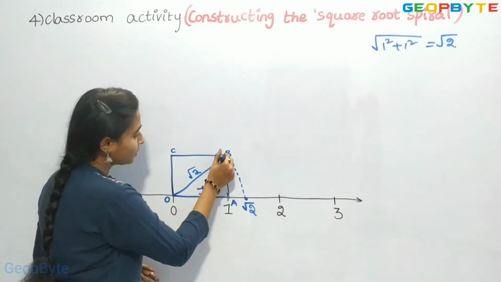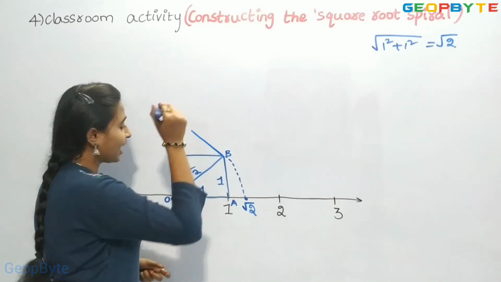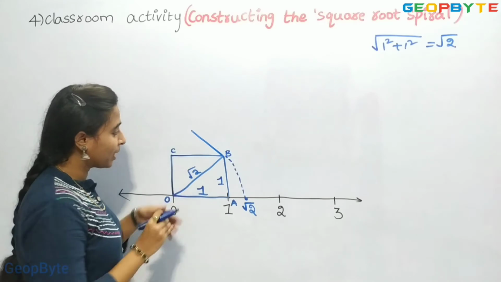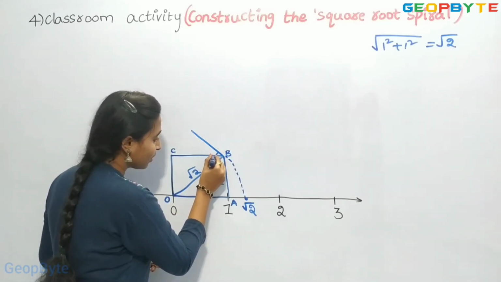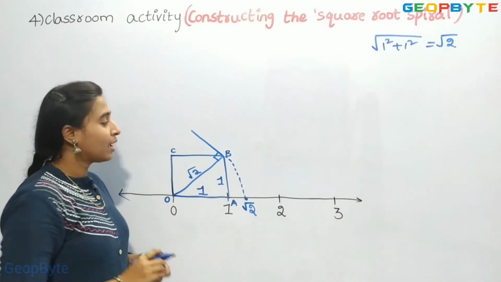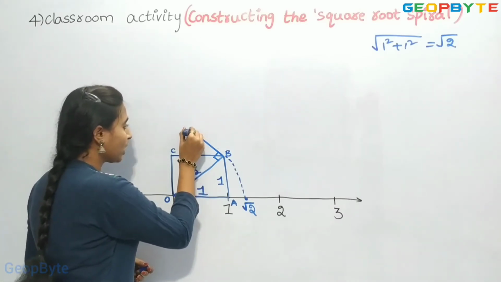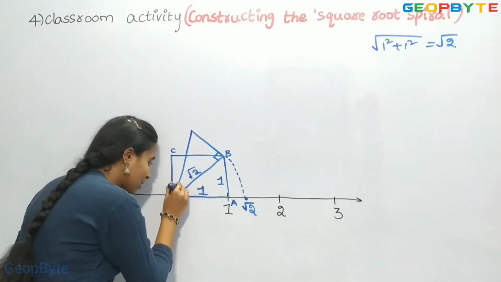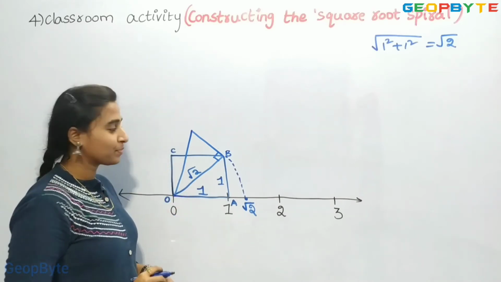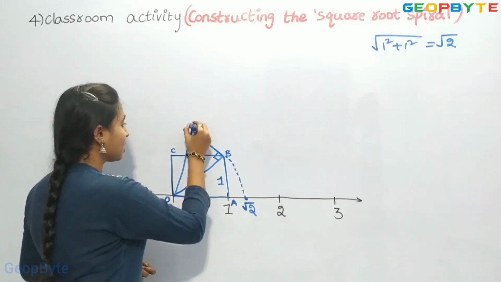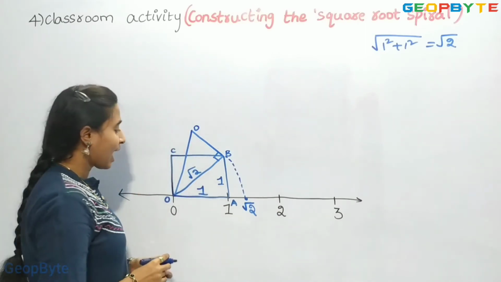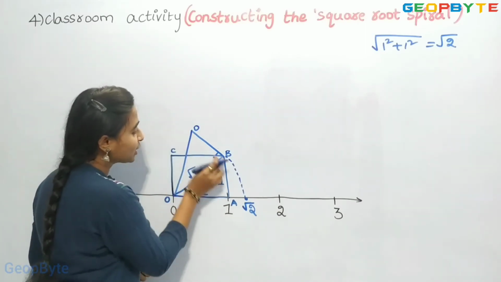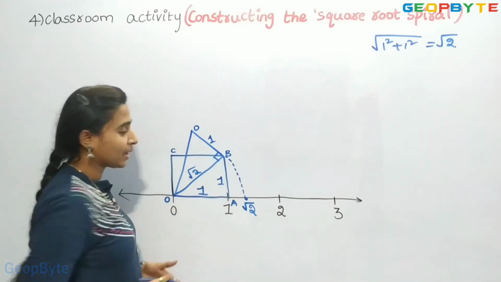So it comes like this. It is perpendicular, that is, we got a right angle here. Now let us join these two lines. Now it becomes D, the point D, and see, this will be of 1 unit length.